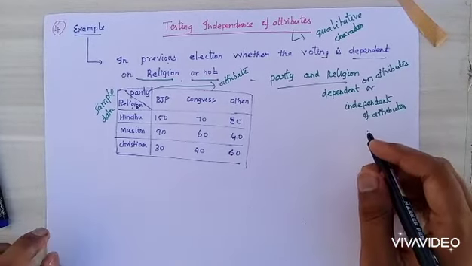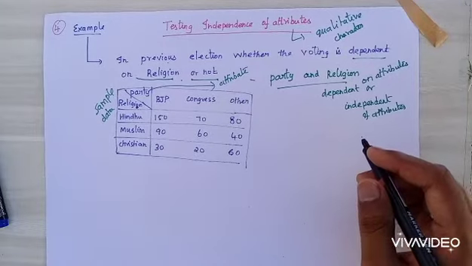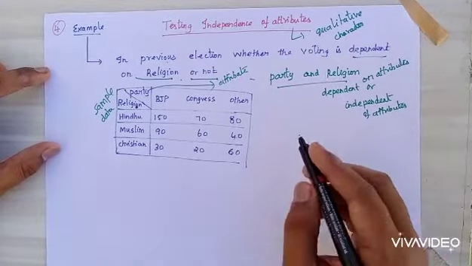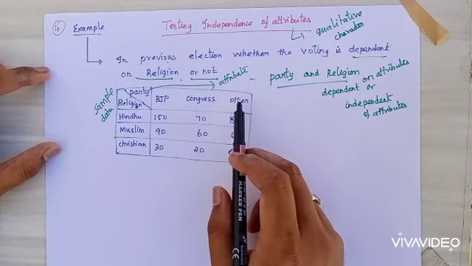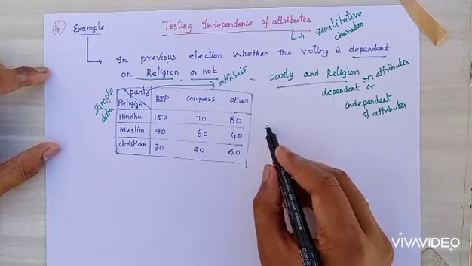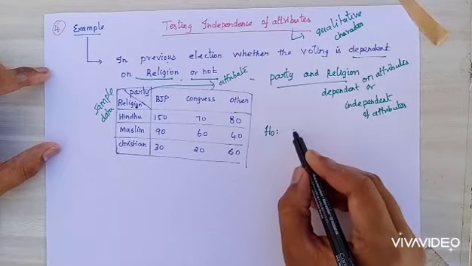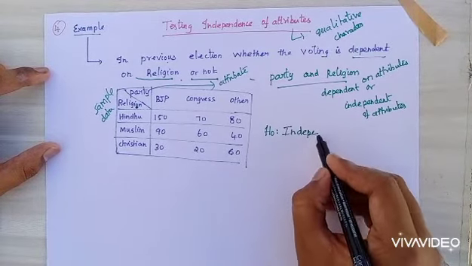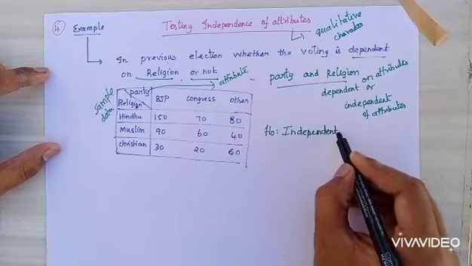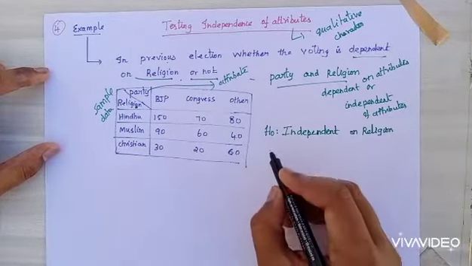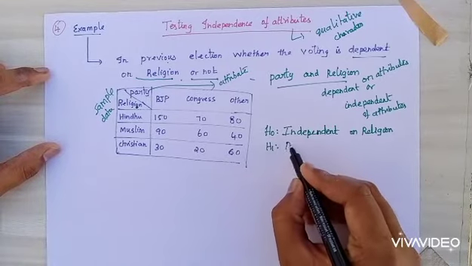In this question we will frame a hypothesis. The null hypothesis is independent on religion, and the alternate hypothesis is dependent on religion.